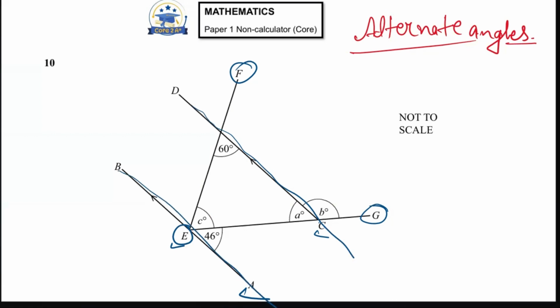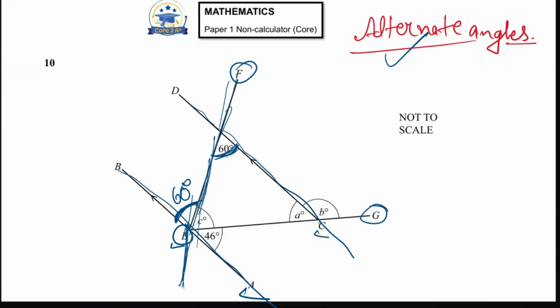If two lines are parallel and the third line intersects them, yes, it is intersecting, so this 60 would be equal to that one. Why? Because of alternate angles. Did you get that? Can you relate with me? If this one is 60 degrees, that one would also be 60 degrees.